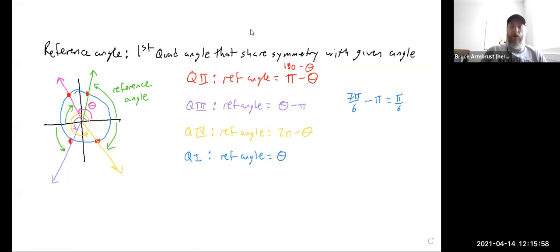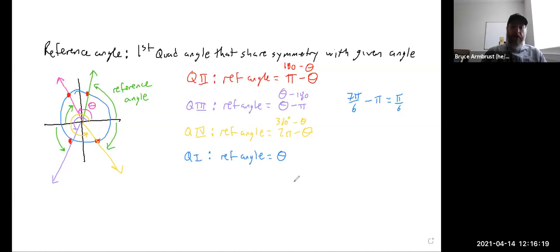And then similarly in quadrant 2, this would be theta minus 180. And then for the yellow one in quadrant 4, instead of 2 pi, it would be 360. So that's how you handle it if you're in degrees.